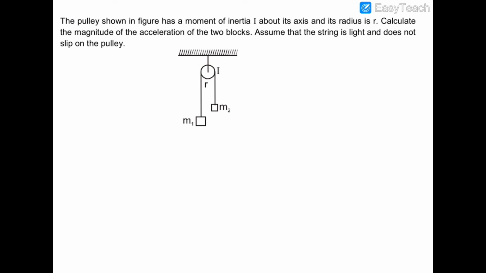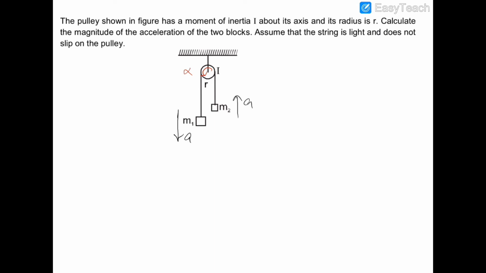So let us assume that this m1 is heavier, and therefore it is going downwards with an acceleration of a, and this m2 is going upwards with an acceleration of a, and therefore this pulley would be rotating like that with an angular acceleration of alpha.